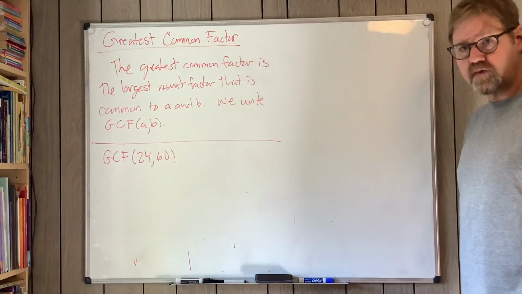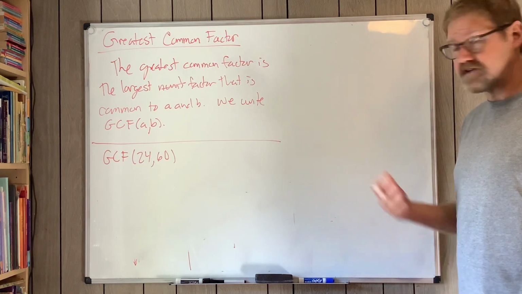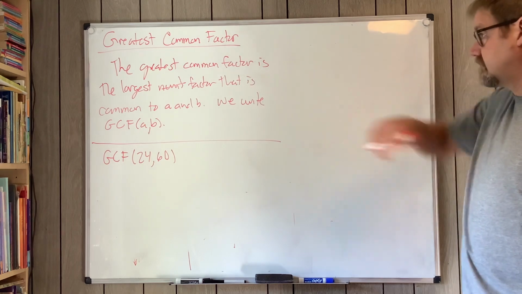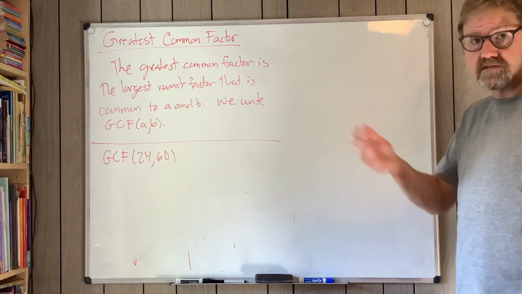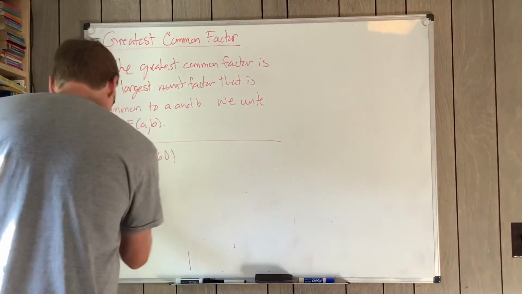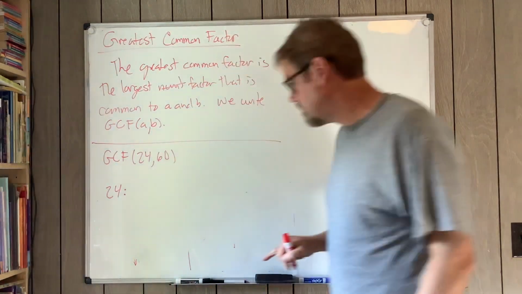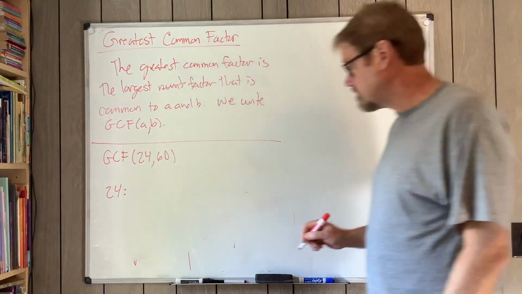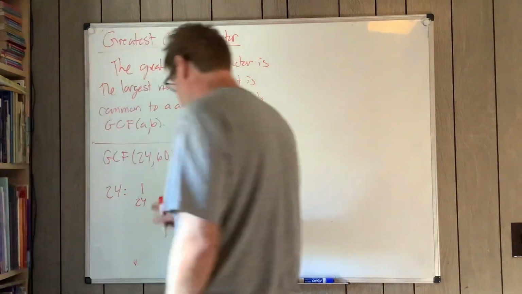So let's try to find the greatest common factor of 24 and 60. The standard thing is maybe if we write down all of the factors, we can figure out any of the common ones and then find the biggest one. So 24. We can write these as nice pairs, and it's really nice to write them stacked.